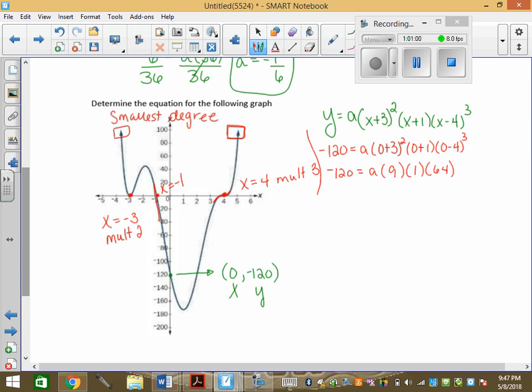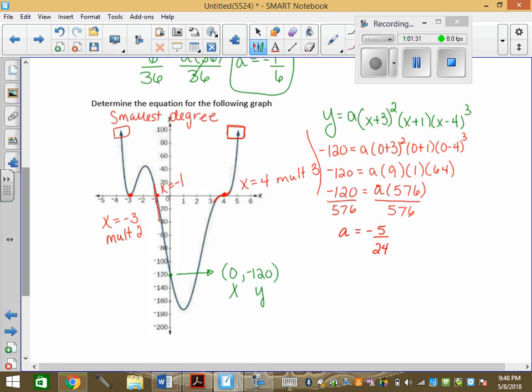And then we're going to have to multiply those. So we have 64 times 9. So we get -120 equals a times 576. Divide by 576, and you get -5/24.